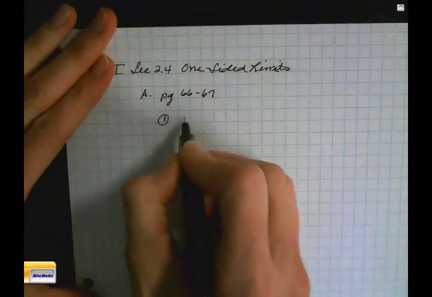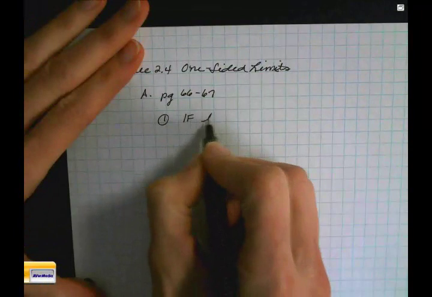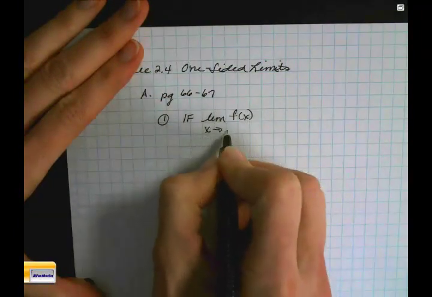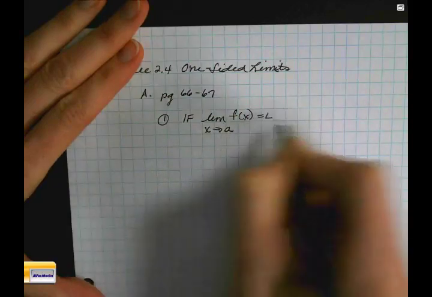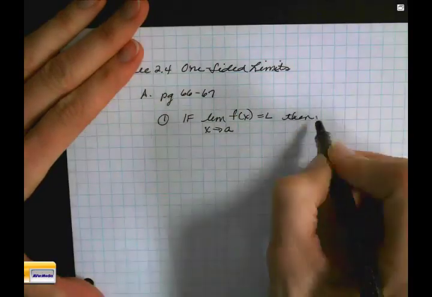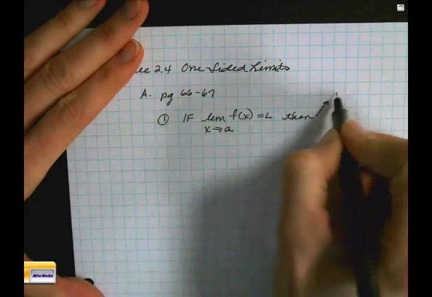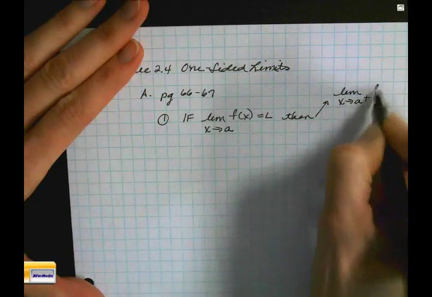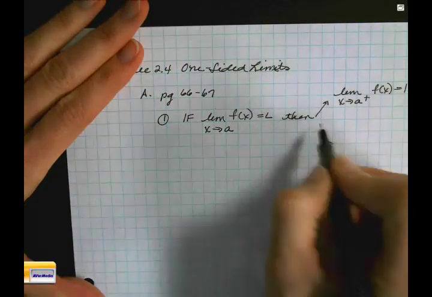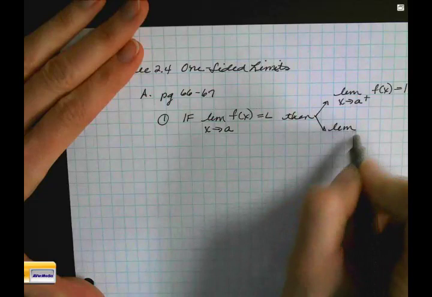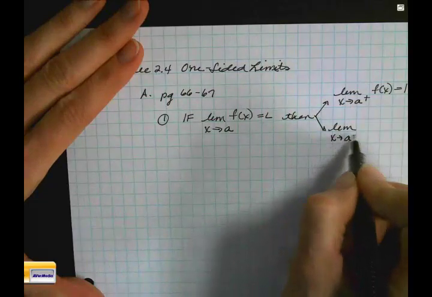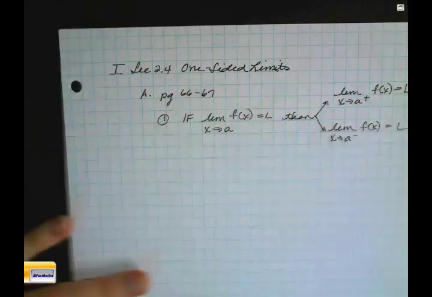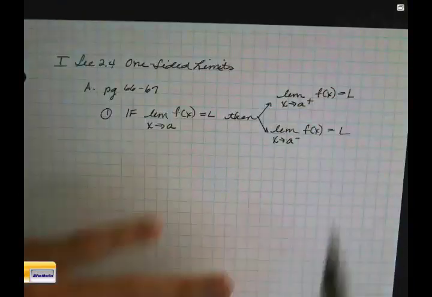I guess I should write this. If the limit of f of x as x approaches a equals L, then two things must be true. They are that the limit as x approaches a from the right must equal L, and the limit as x approaches a from the left must equal L. Now here's the notation.